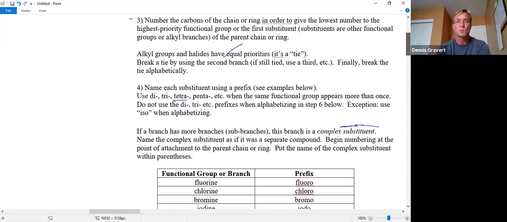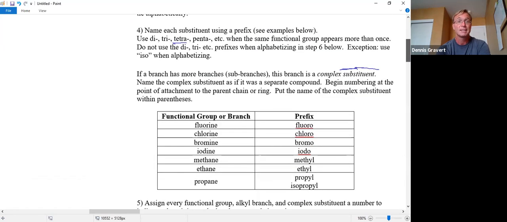We're still in step 4 where we're naming branches, and here's some examples. These are the most common branches in my class. I mentioned that the halides are going to show up. Well, the most common halides are right here: fluorine, chlorine, bromine, iodine. And all you do to name them properly by the IUPAC naming system is drop the suffix -ine and add the letter O. So if a fluorine atom shows up in a molecule, we name it fluoro.